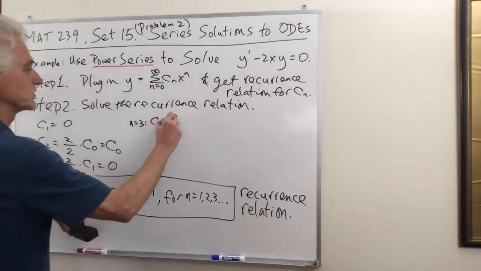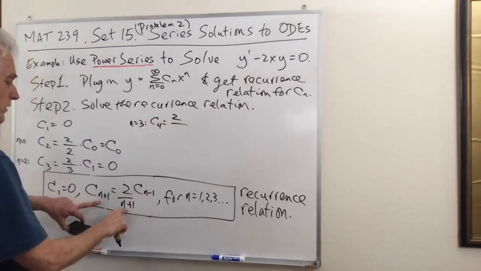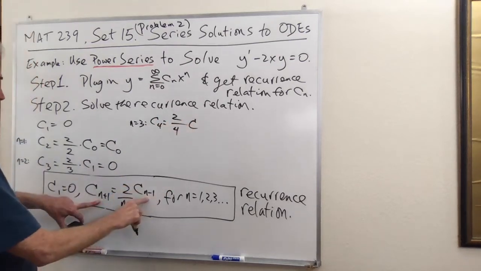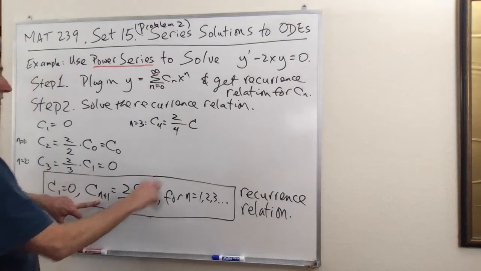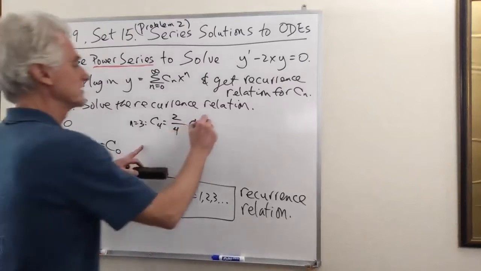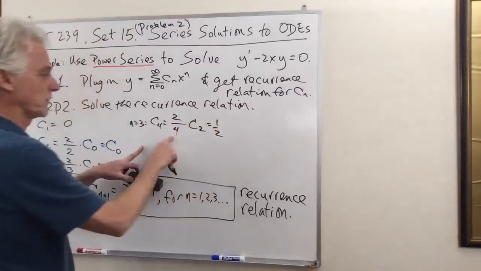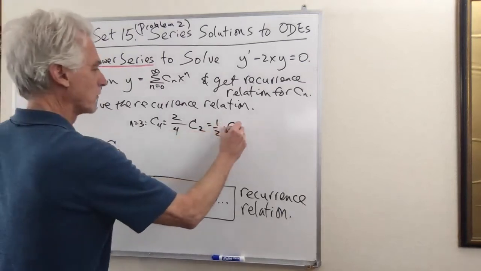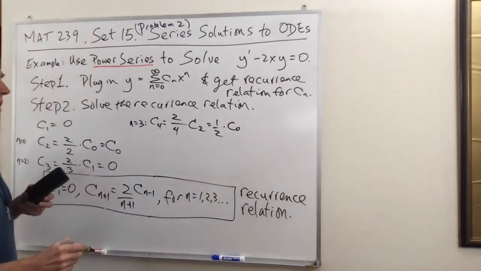C4 is 2 over 3 plus 1, 2 over 4 times C, again, n is 3, 3 minus 1 is 2, C2, okay? So this is equal to a half from that term, but C2 we already knew, C2 is C0, okay?